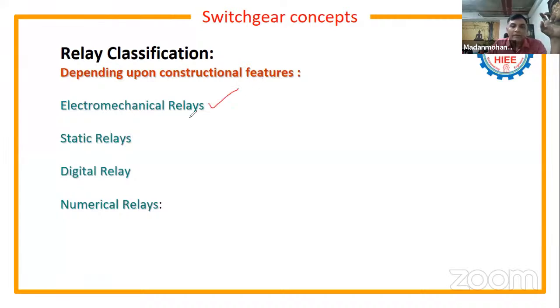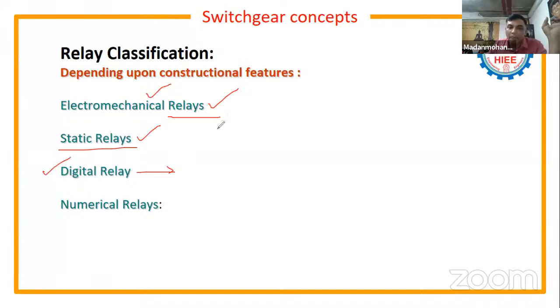When any equipment is introduced, people do R&D on its operation, reliability, and so on. While people were using electromechanical relays, there was the electronic revolution. By using diodes and transistors, people started manufacturing static relays. Static is nothing but there is no moving part, very simple. After that, by using thyristors, microcontrollers and microprocessors, people started using digital relays.